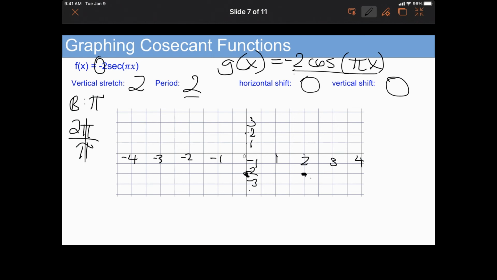Begin here and end here. So at 1, which is halfway, it'll be there. Okay. And there we go. I'm going to do just 1 more cycle, I think. There we go. Okay. So it looks like this.